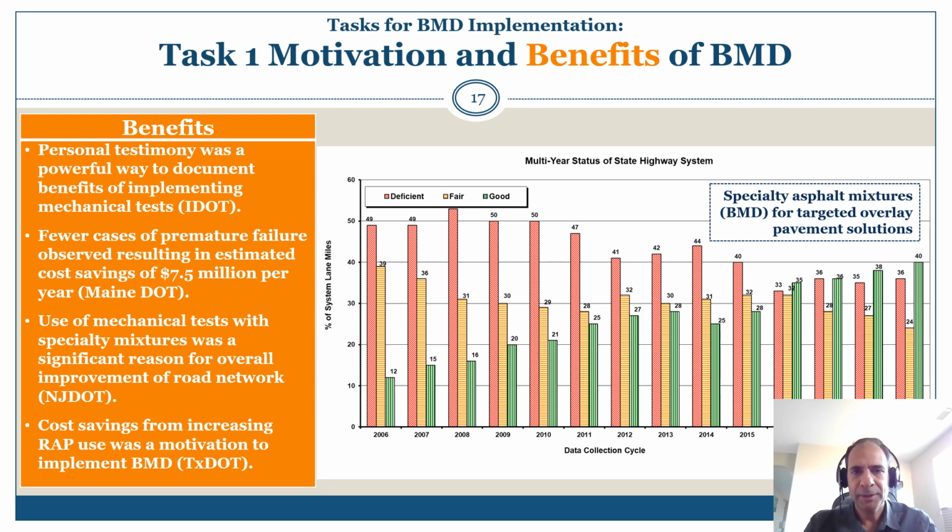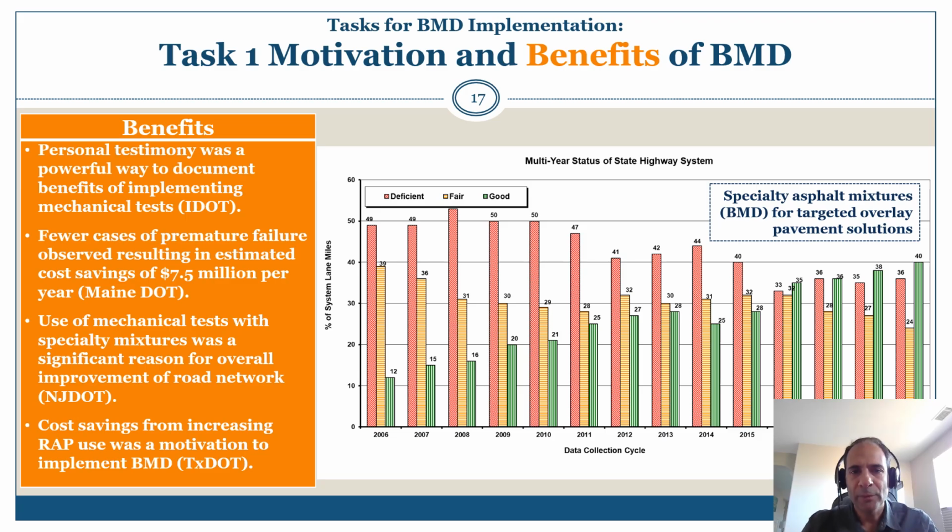Examples of state DOT benefits are listed on the slides and include testimony of the benefits of implementing the mechanical tests, fewer cases of premature failure resulting in cost savings, and overall improvement of the road network. An example illustrating the benefit observed by New Jersey Department of Transportation from using specialty asphalt mixtures following the BMD is presented.